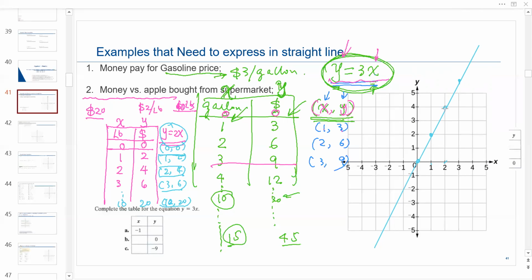Let's see this quick example here as well. You can see this is a linear line. Earlier we gave one example, money to pay for gasoline, which also has a linear line. Let me go back. Earlier the graph was like this, right here.